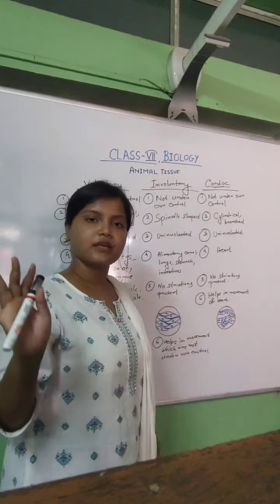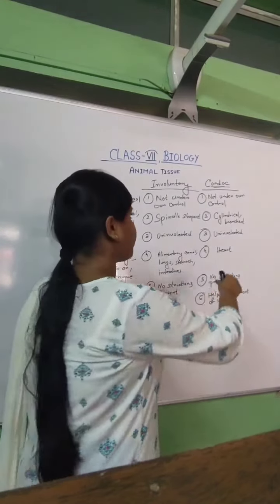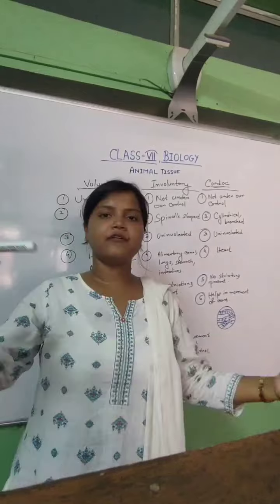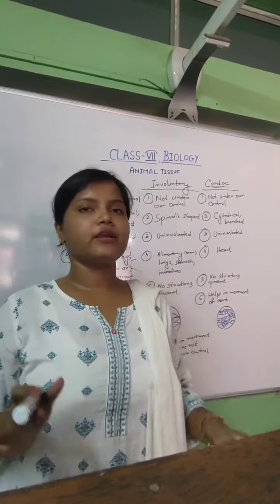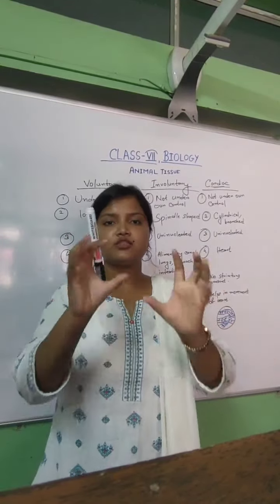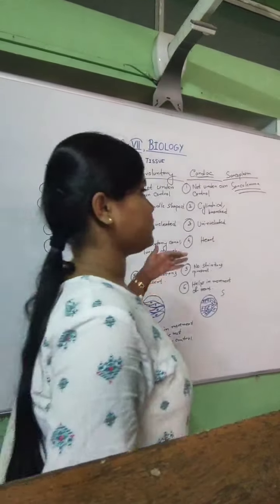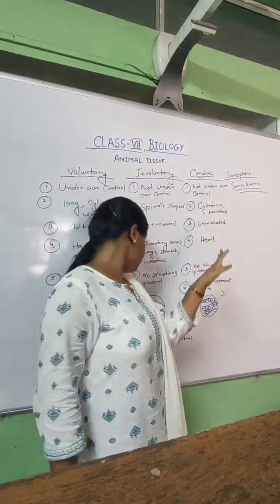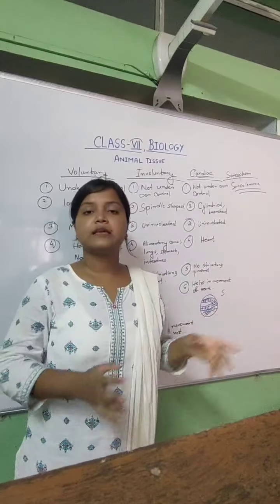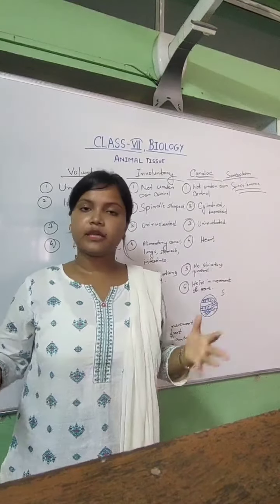Everything in our body is under your brain's control. And cardiac muscles, they know that they have been generated just to pump. As I was saying, cardiac muscle only works in case of the pumping of the heart.